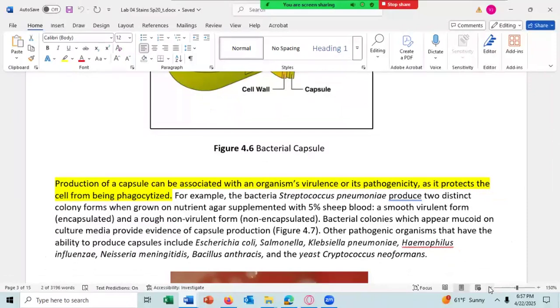The production of the capsule is important because it can be associated with the organism's virulence or its pathogenicity. The capsule protects the cell from being phagocytized.